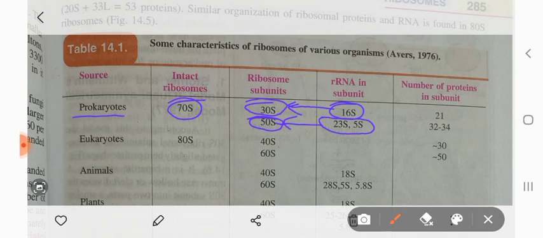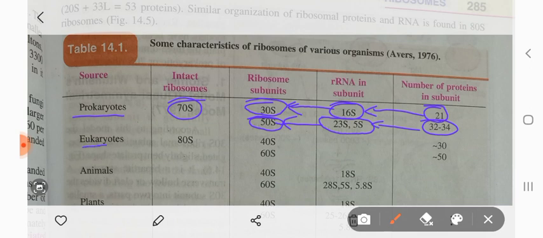About 21 different proteins are involved in the small ribosomal subunit in prokaryotes, and about 32 to 34 different proteins are found in the large ribosomal subunit.